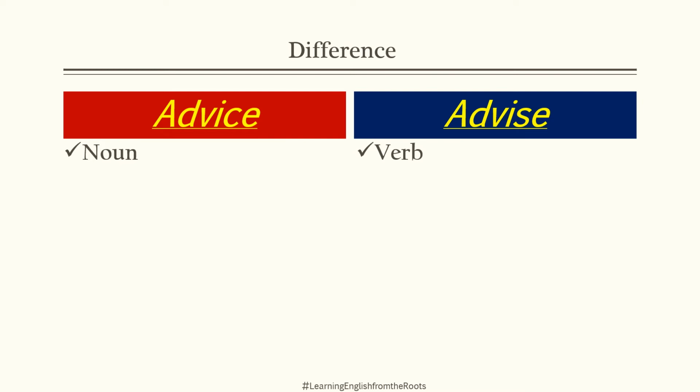If you're talking about advice, that is guidance, then it is a noun. And if it is an action, if you're advising somebody, if you're giving guidance to somebody, then it is ADVISE. That means it has been used as a verb in the sentence. So it depends on the use of the word in the sentence, whether it is a noun or a verb.